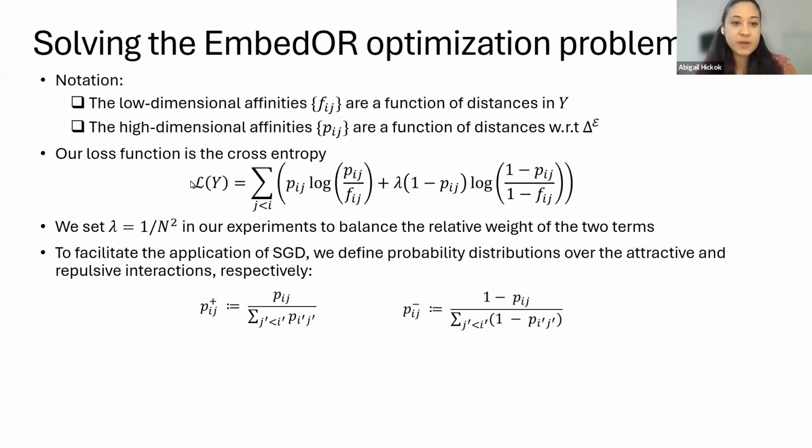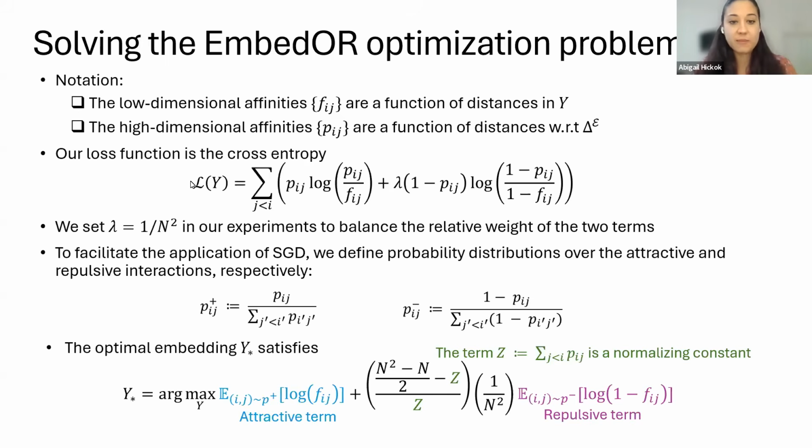To solve this, we apply stochastic gradient descent. Like I said, we're splitting this into an attractive and a repulsive part. I'm skipping a lot of steps here, but at the end of the day, the solution to this optimization problem looks like what we get on the bottom here, where we're doing stochastic gradient descent using this attractive and repulsive term.